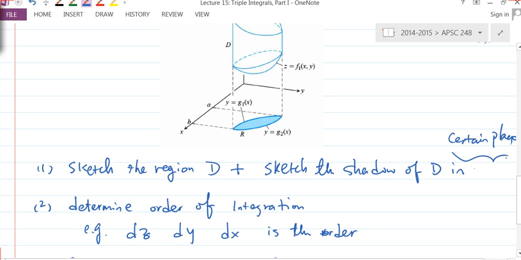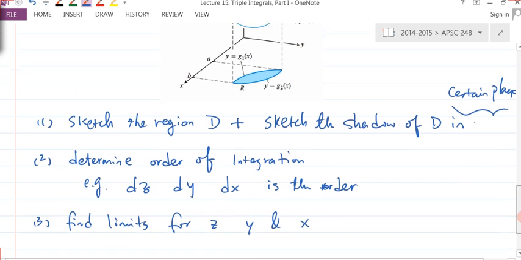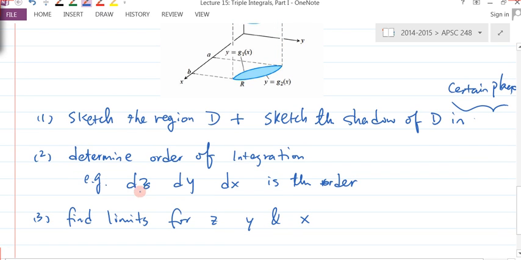Now, here's what happens. If we're integrating dz first, then this shadow, or the projection of D, goes into the xy plane.